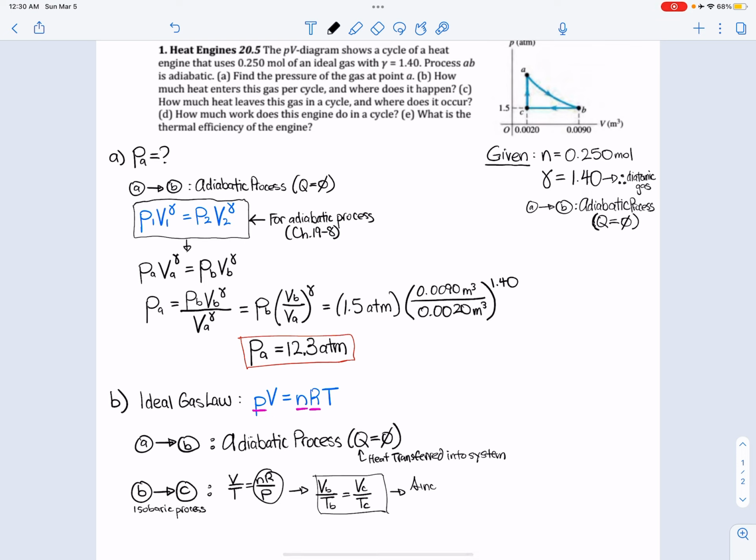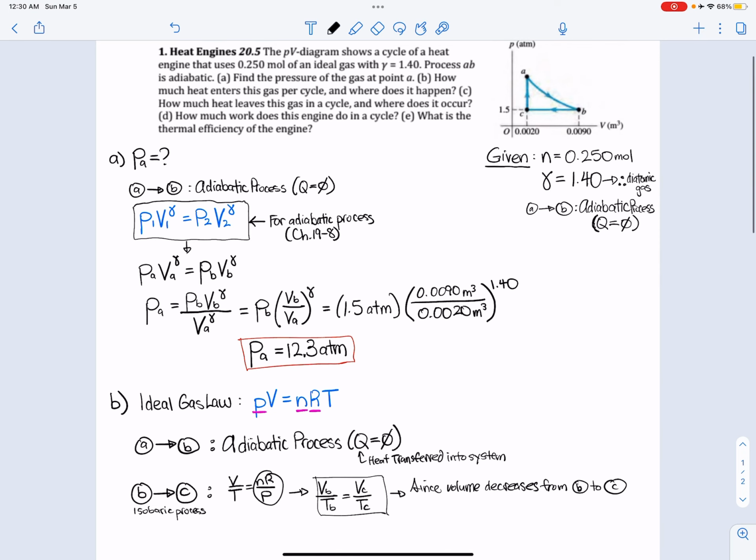Since volume decreases from state B to state C, that's B to C, okay?